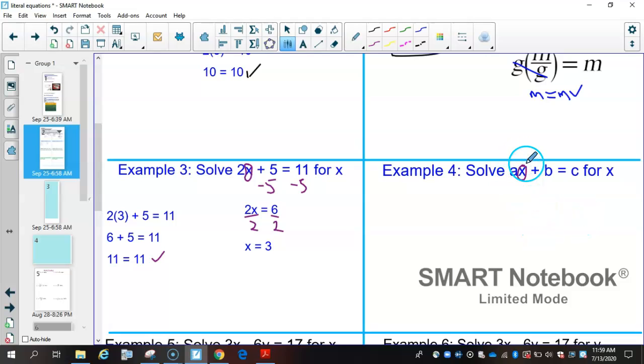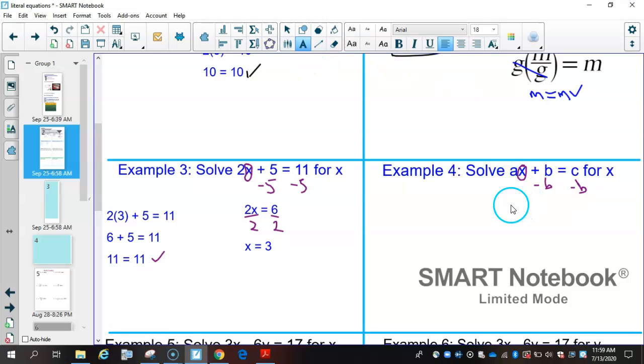So if we are trying to get x by itself, looking at this example, the first thing we did was get rid of this constant by itself. Well, here I can see that this b is by itself, so I can get rid of that. Which would leave me with ax equals c minus b.